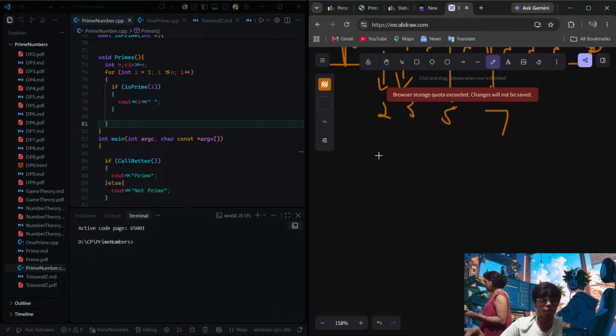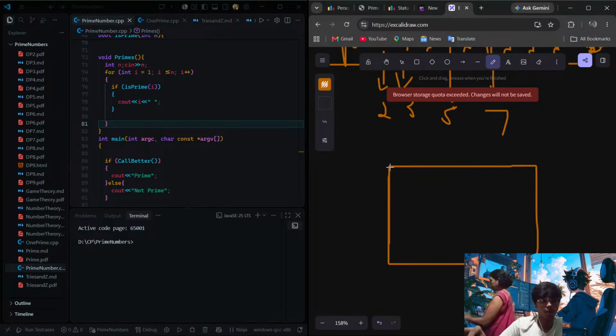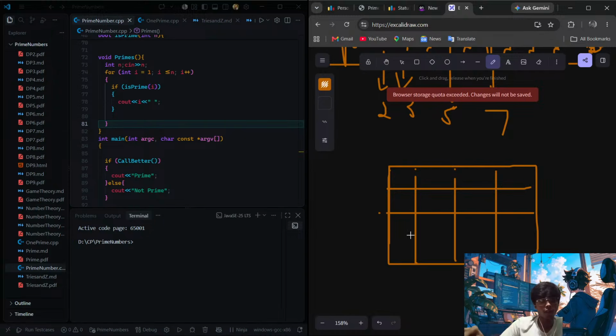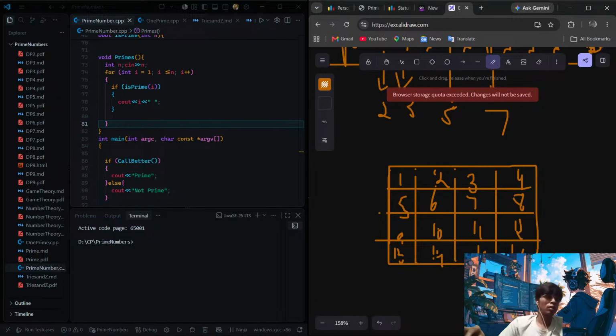So I will tell you, bhai, how you have to think about this spiral matrix. So basically, if this is a matrix, okay, and you have been given numbers 1, 2, 3, 4, 5, 6, 7, 8, 9, 10, 11, 12, 13, 14, 15, 16.